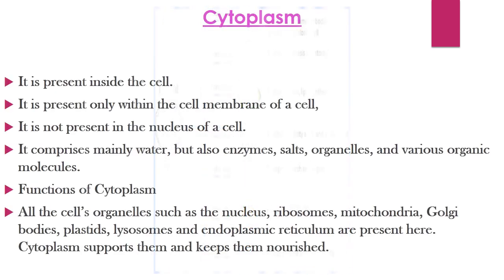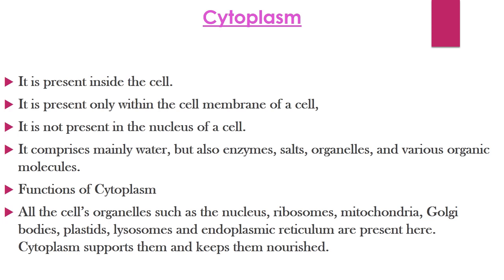Next one is cytoplasm. Cytoplasm is a fluid found between the nuclear membrane and the plasma membrane. It is present only within the cell membrane of a cell. It is not present in the nucleus. Another fluid present in the nucleus is called nucleoplasm.